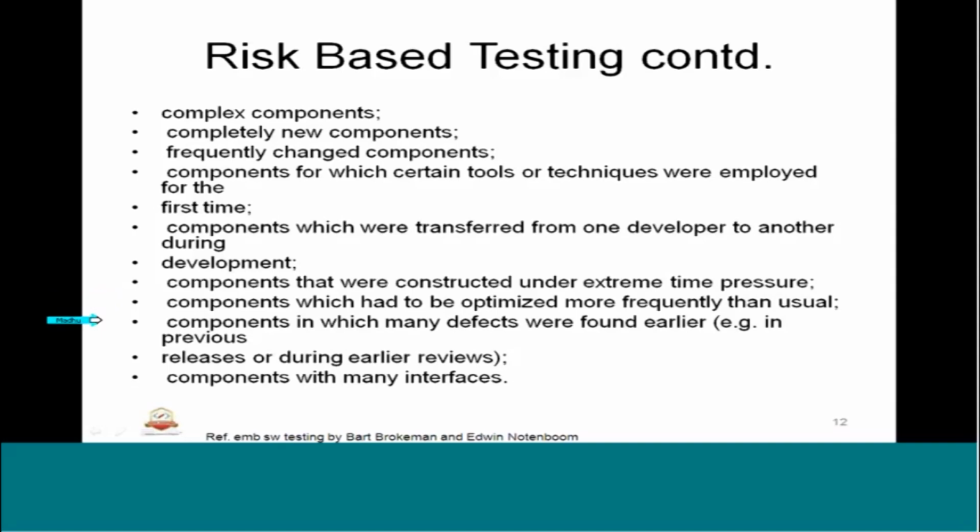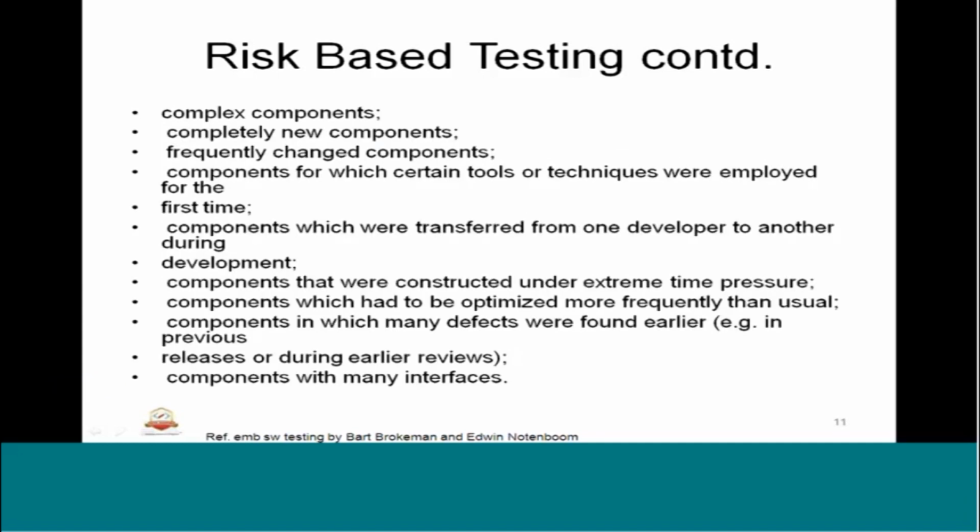Components in which many defects were found earlier. Example, in the previous release or during earlier reviews, we saw that certain components have high defects. Still, that has a high risk. Components with many interfaces, many signals being used in those components, that is also a risk element.